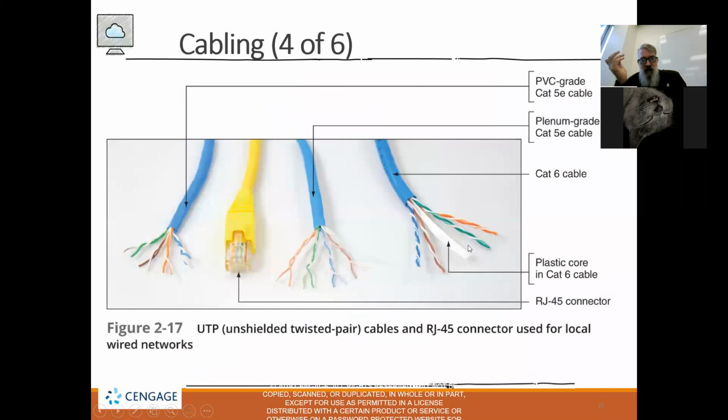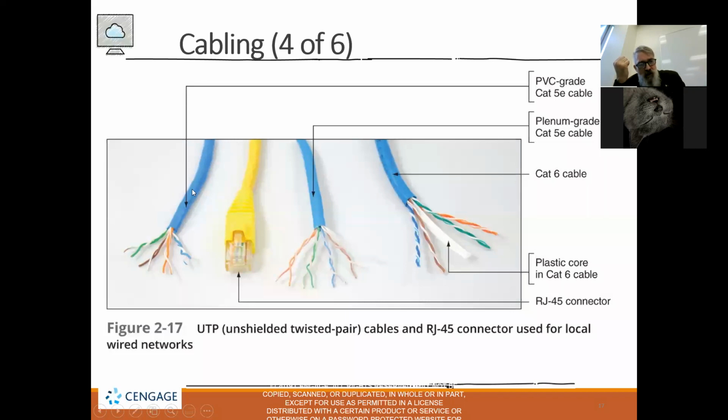And we can see categories of twisted pair. So this is twisted pair. It is unshielded. So this is UTP, and we have more than one standard there. So we got our basic one here. We've got this one here, which is called plenum.